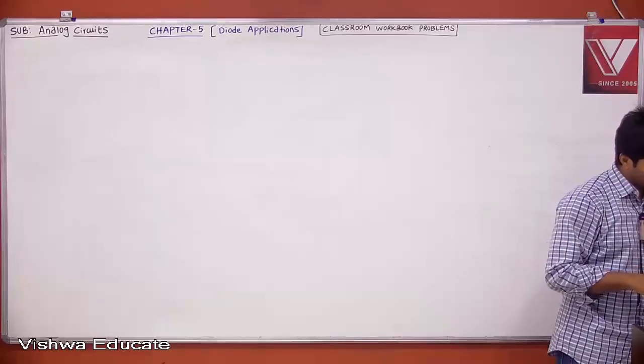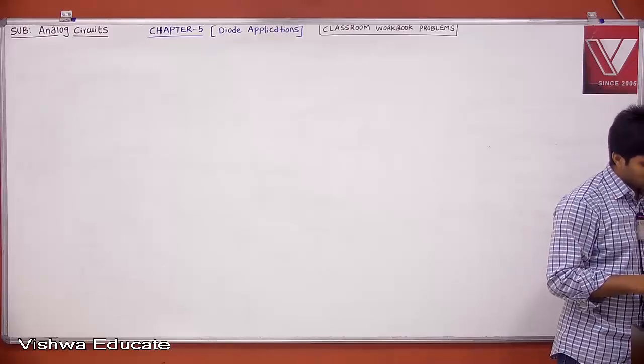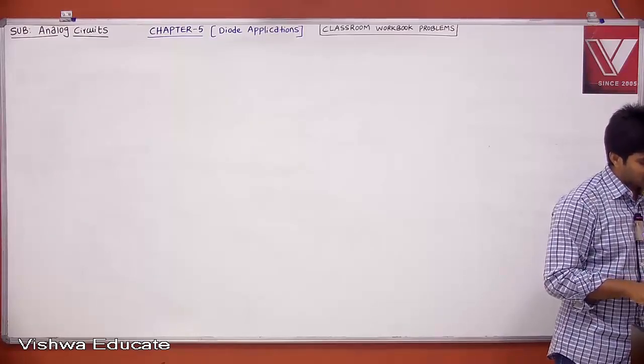If the circuit shown has to function as a clamping circuit, then which one of the following conditions should be satisfied for the sinusoidal signal of period T?